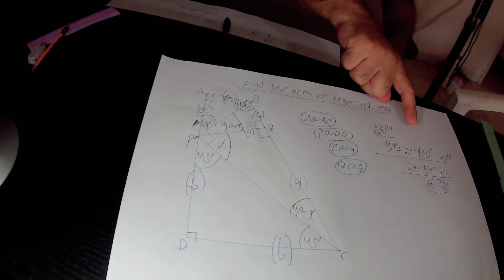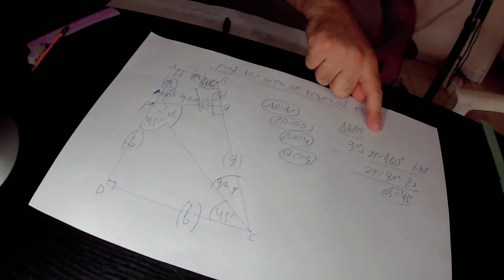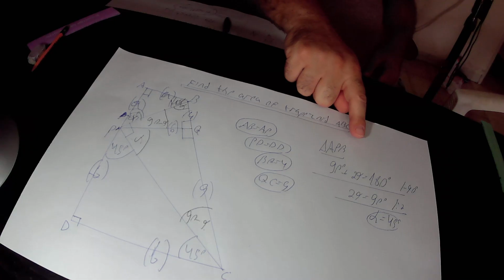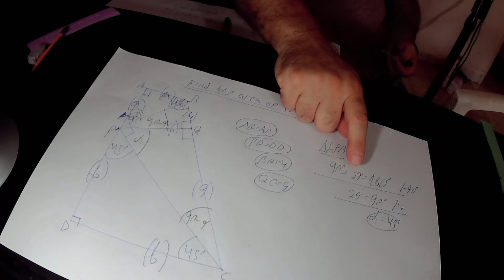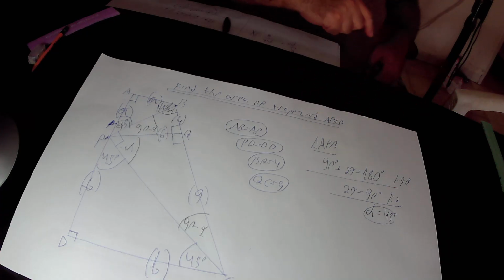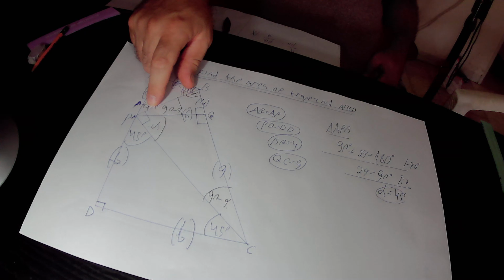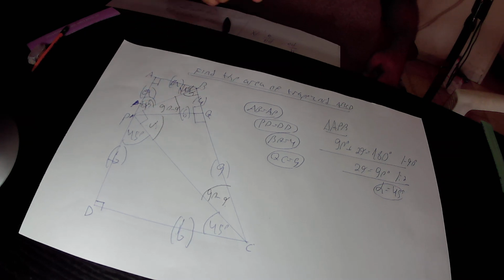So 90 degrees plus 2 alpha equals 180 degrees. Subtracting 90 degrees, 2 alpha equals 180 degrees minus 90 degrees, which is 90 degrees. Dividing by 2, alpha equals 90 degrees over 2, that is 45 degrees. So those two angles are both equal to 45 degrees.